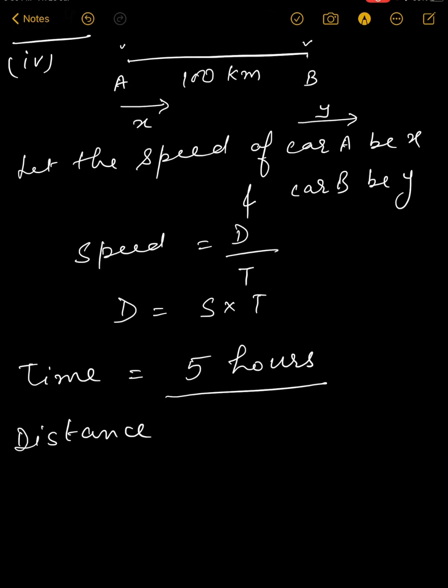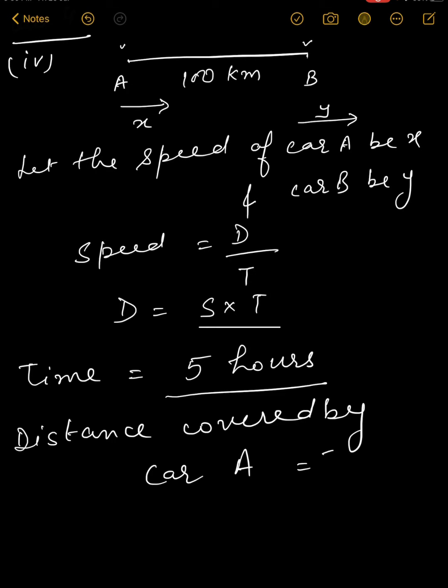Distance covered by car A should be speed into time. Speed of car A is x and time is 5, so this is 5x. And car B is 5y.